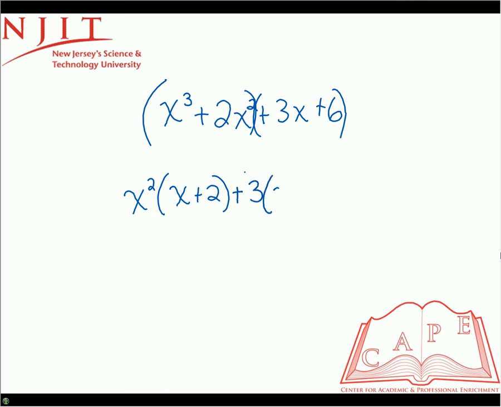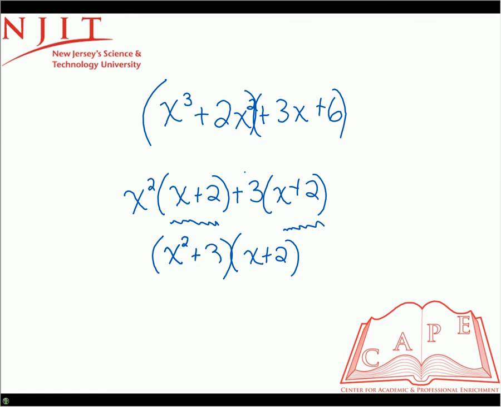And then here you simply have x plus 2 left over. When you have the common expression on both sides, that ends up being one of your final expressions, x plus 2, and then you take the little, what I like to call leftovers, and you put those together. X squared plus 3. And there you go, you're all done.